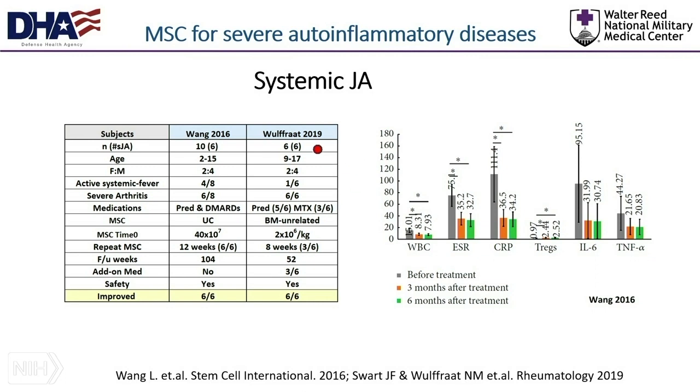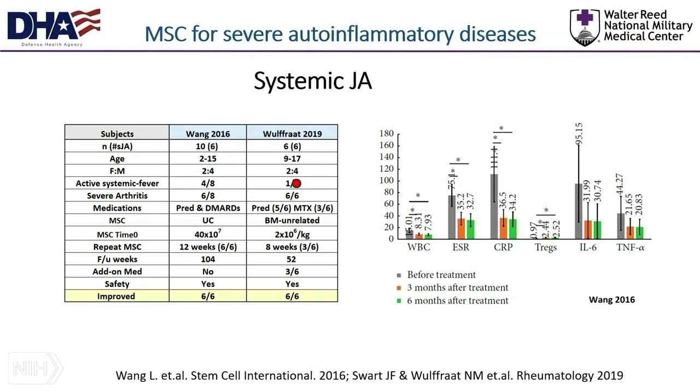It's done only on systemic juvenile arthritis for mesenchymal stem cell treatment. There are 2 studies done. One is from China, and the other one is by Dr. Wolfrat, Netherlands. And both of them, the indication of this is severe arthritis. The Wang cohort had 10 patients, 6 with systemic arthritis, and 6 out of 6 in Netherlands is systemic arthritis, but the patients were treated mostly for polyarticular arthritis, and only a minority had systemic features.